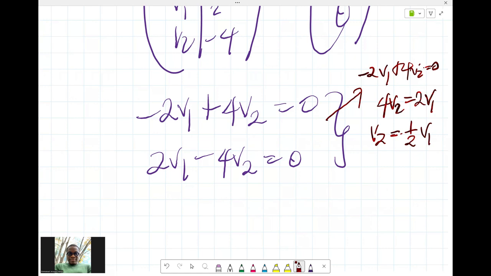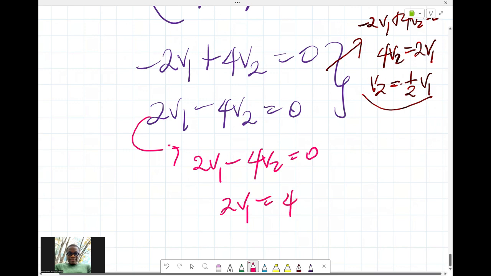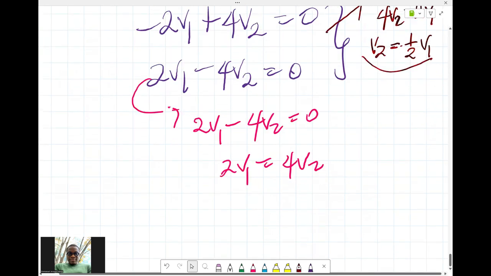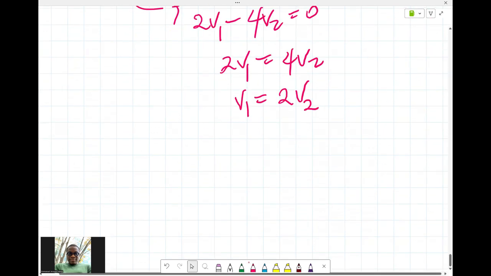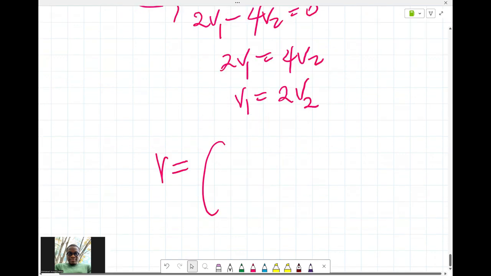All right. If you also use this other one, it's the same thing. We have 2v1 minus 4v2 equals 0, so 2v1 is equal to 4v2. Better still, v1 is equal to 2v2. So in all, for that, whatever V2 is, V1 is double of it.